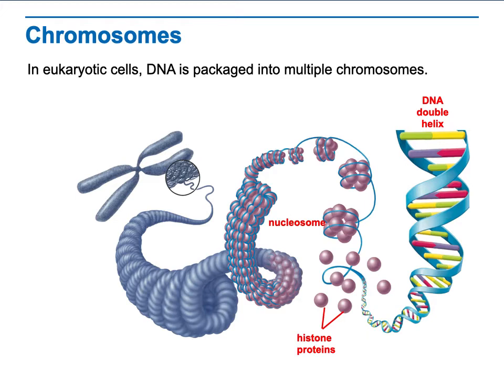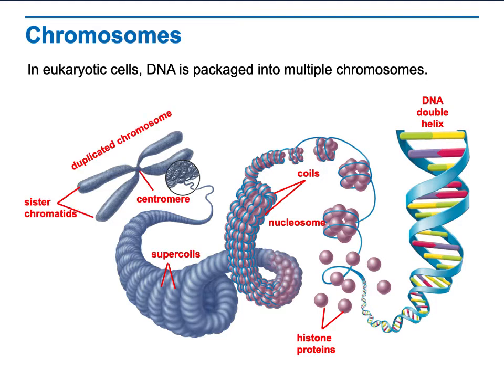These form the coils and supercoils. And then you have the centromere, sister chromatids, and duplicated chromosomes. Nucleosomes are composed of DNA wrapped around histone molecules, and these are tightly packed to form coils and coil structures.